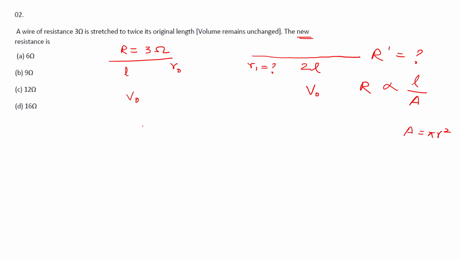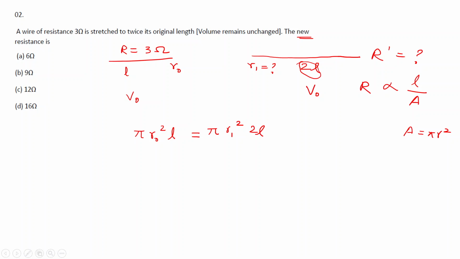So volume of a cylinder is pi r square h. For this, radius is r naught, so pi r naught square, and h is the length of this cylindrical wire, that is L. This volume is same as after stretching, so this will be pi, new radius we don't know yet, and the length of the wire, which is 2L.